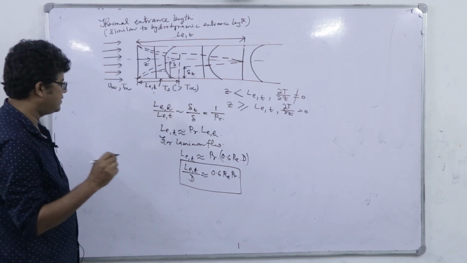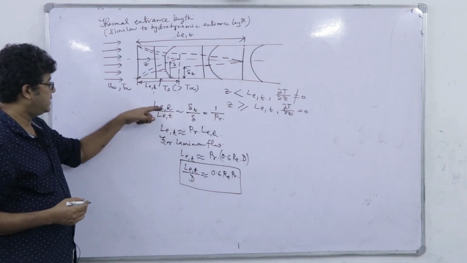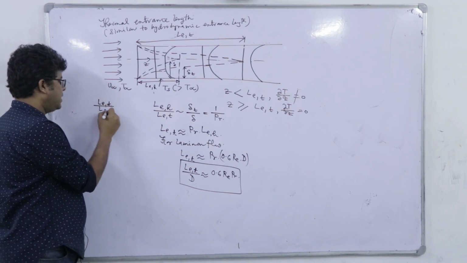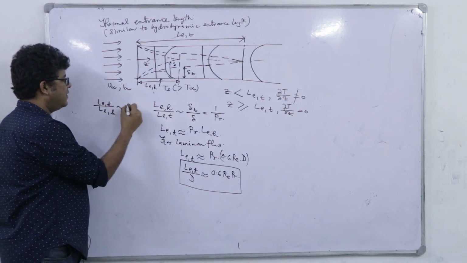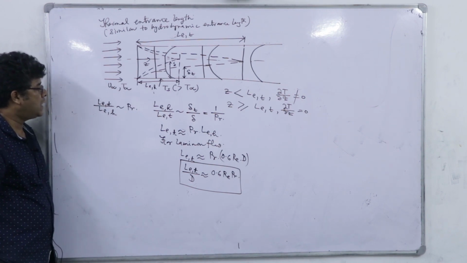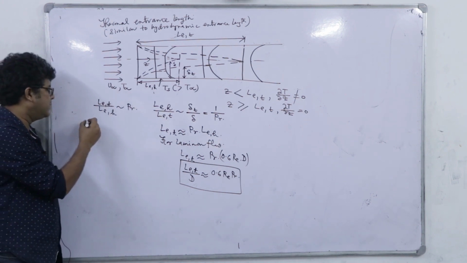So basically, this understanding is very important, that LET by LEH is in the order of Prandtl number, or Prandtl number to the power 1/3.